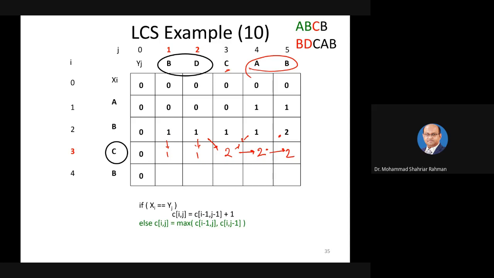Now in the next iteration, the last step, we have B. So B, we have a match, we take plus 1. Then for DCA, no more match. We have 1, 1, 1, then 1, 2, 2, 2, 2, 2, and then DB, we have 2 plus 1, 3.